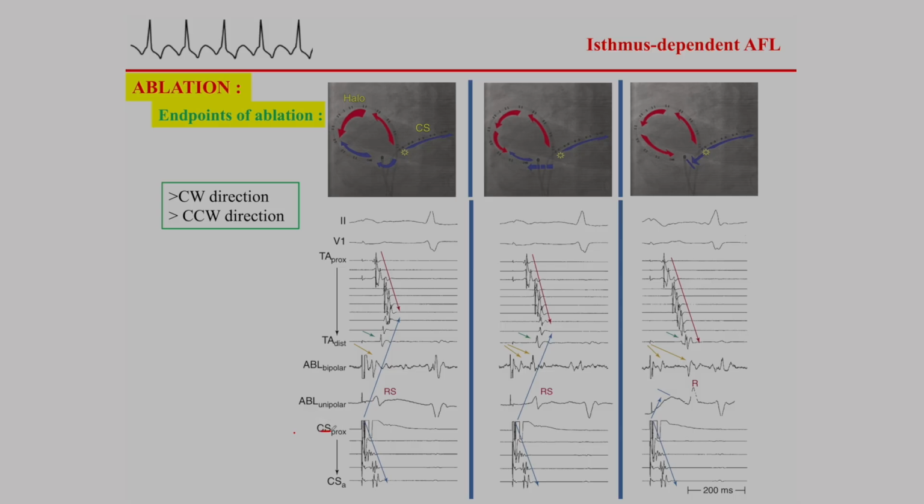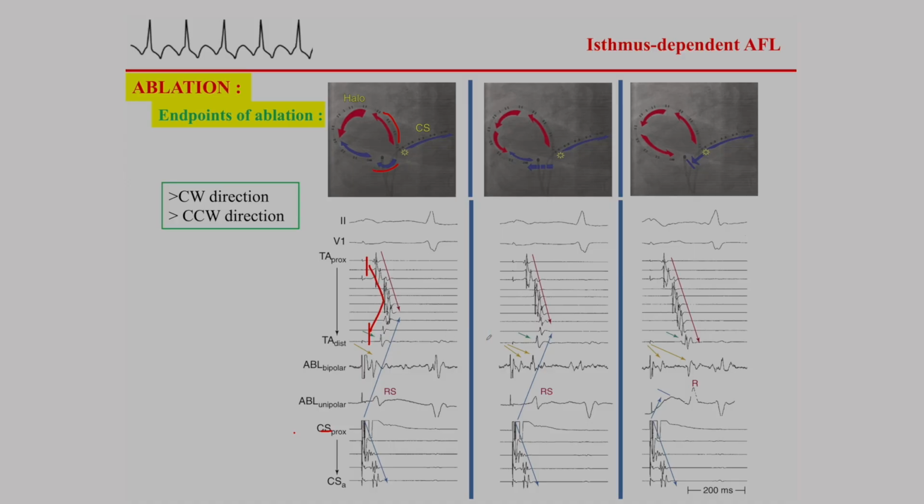In this left panel, we have a demonstration of a chevron pattern. It means a simultaneous activation of the proximal and the distal part of the halo catheter because of this counterclockwise wavefront and clockwise conduction through the CTI. So does it mean there is no block in the CTI?